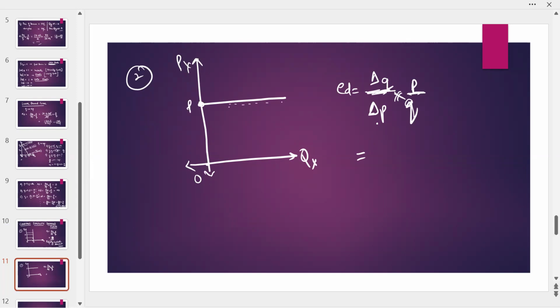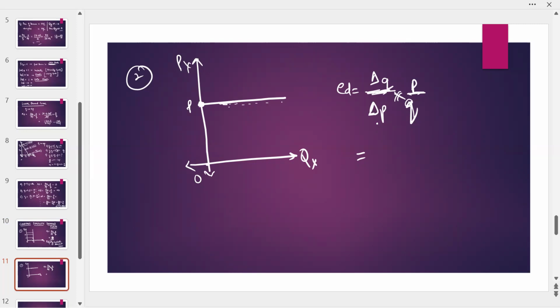Can you see that there is no change in the price? With only a slight change in price, the quantity demanded would be infinite. The impact on the quantity demanded would be very high. If there's an increase in price, the quantity demanded would be zero.